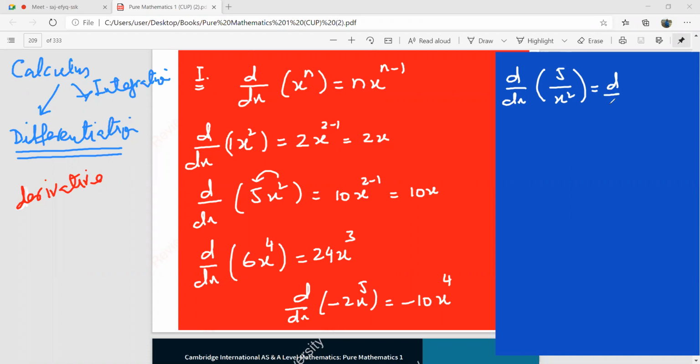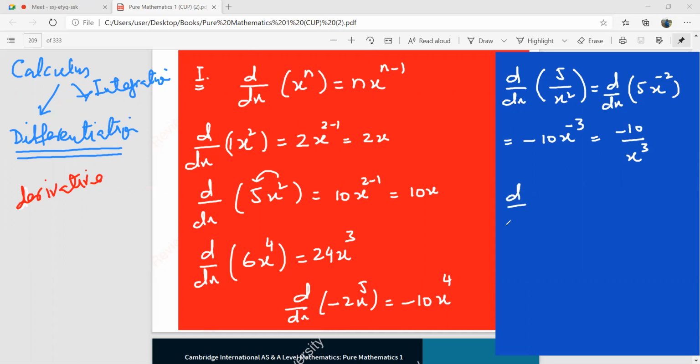You first bring that up in the numerator. Since you're differentiating with respect to x, the term in x should be up here in the numerator. So you will rather write it as 5x to the power minus 2. So this will become minus 10 x raised to power minus 3. You will further decrease this power by 1. So this would then become minus 10 over x cubed.